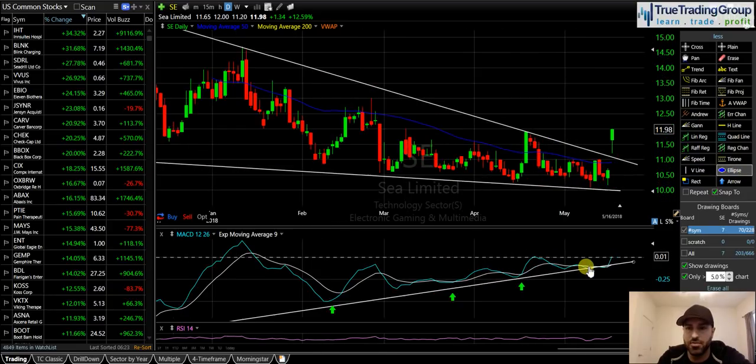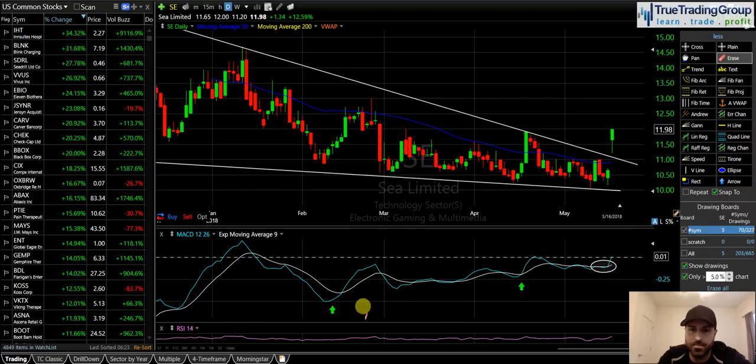Then as we look a little bit further, you see we got a signal line crossover. Let me delete this trend line. Okay, we got a signal line crossover with the MACD crossing over the signal line. And then you have the zero line indicator where we went from negative territory up to positive territory on the MACD, another bullish signal.